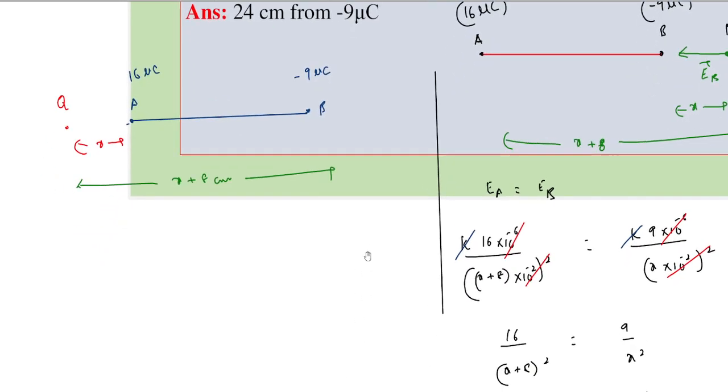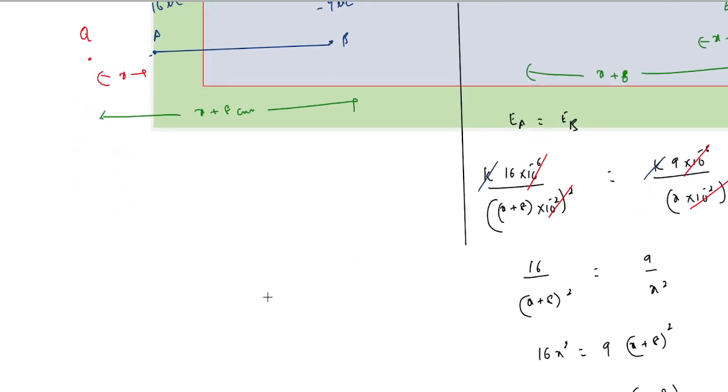Again, using the same logic as the previous case, even at the point Q, the net field is 0, which means the field because of A and B is equal. Now this is equal to K times 16 into 10 power minus 6 by R square, which would be (x into 10 power minus 2) the whole square.